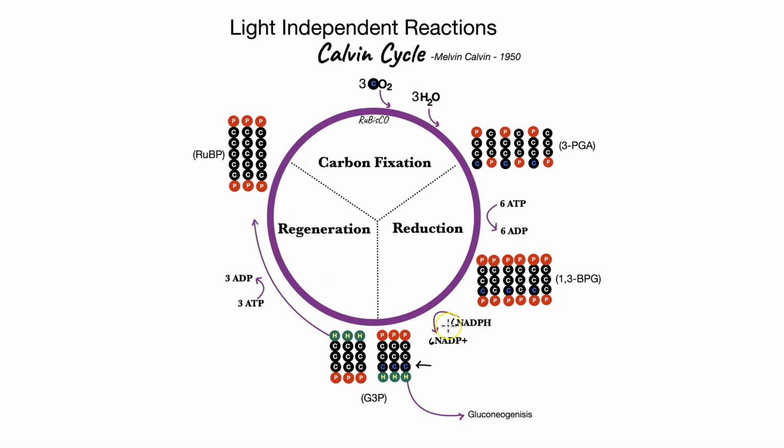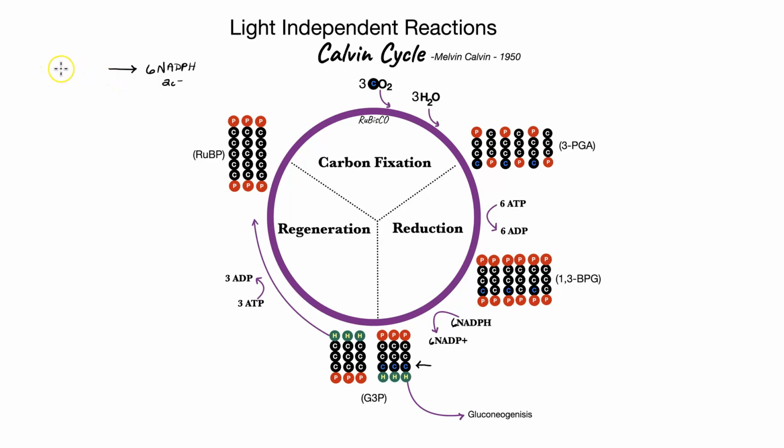So we have 6 NADPHs that are needed, and each of these holds 2 electrons. Where do these electrons come from? They came from splitting water in the light cycle.